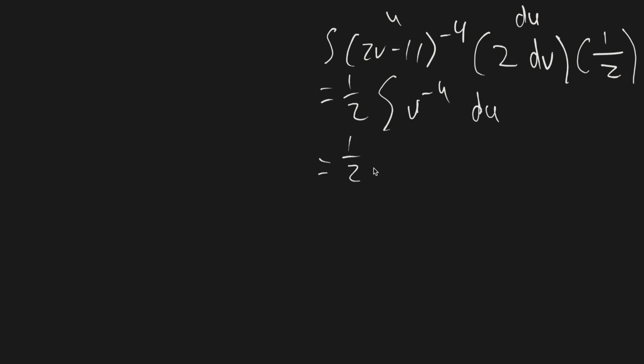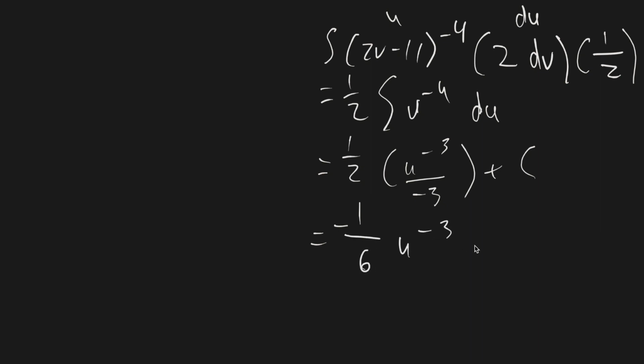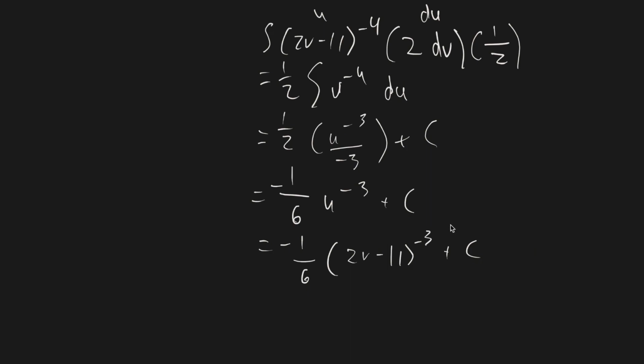It's equal to 1/2 u to the negative 3 over negative 3 plus c. So if we multiply the negative 3, the 1 over negative 3, it becomes negative 1 over 6 times u to the negative 3 plus c. And if we substitute our u back in, it becomes negative 1/6 times 2v minus 11 to the negative 3 plus c.